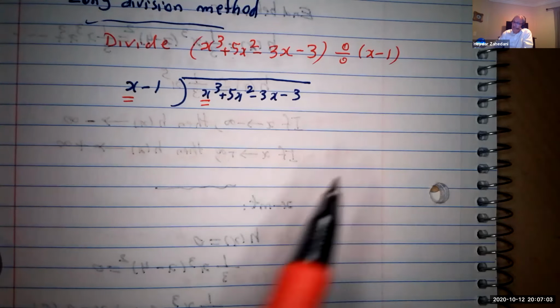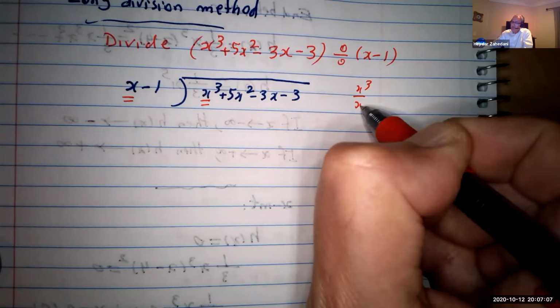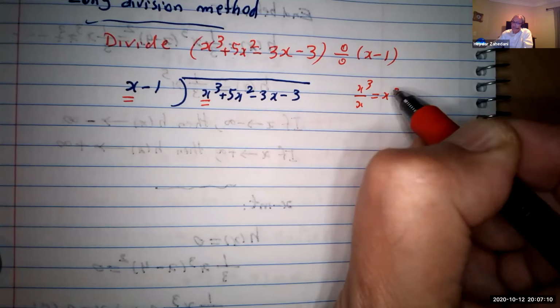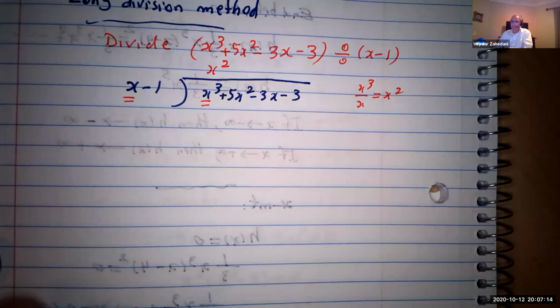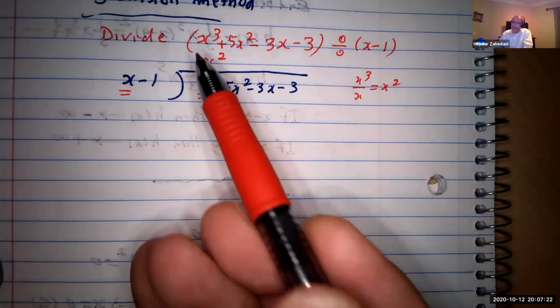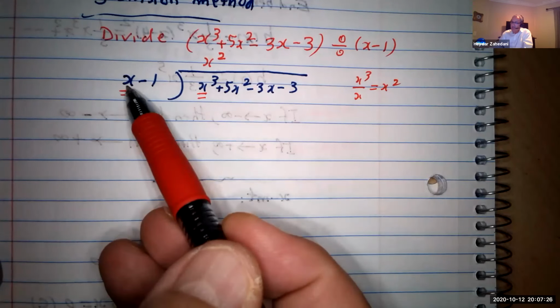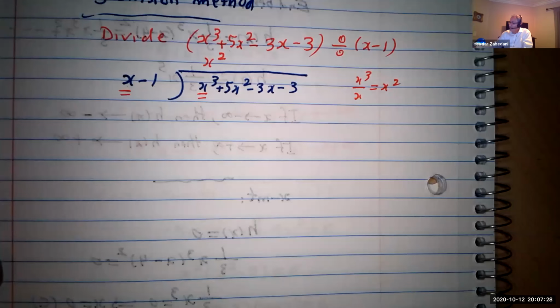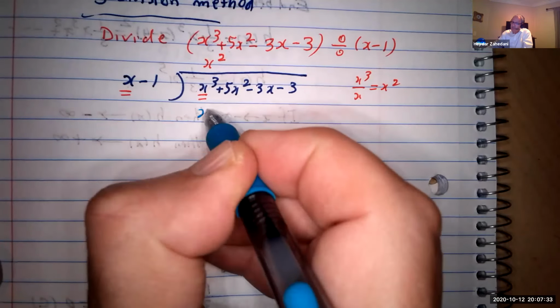So we get the x cubed divided by x, which is going to be x squared. We put the x squared on the top, and then we multiply it. So it's divide, multiply. You multiply x squared times x minus 1. So x squared times x would be x cubed.